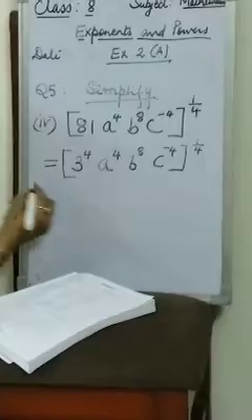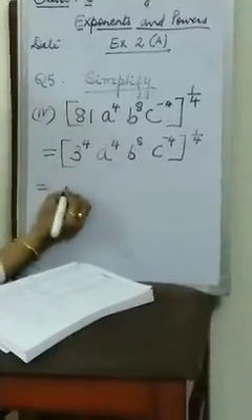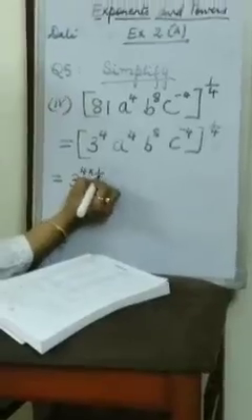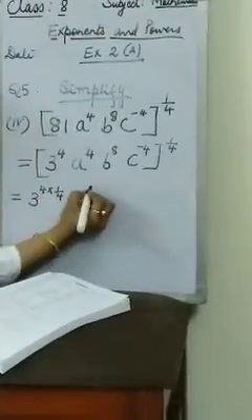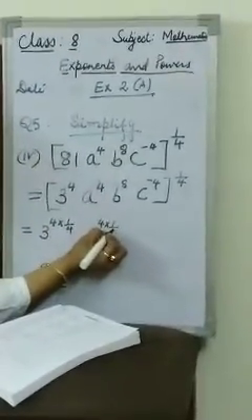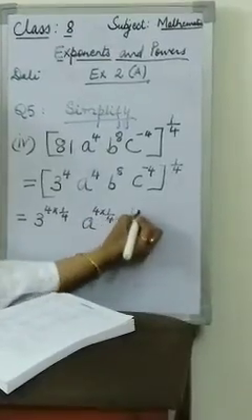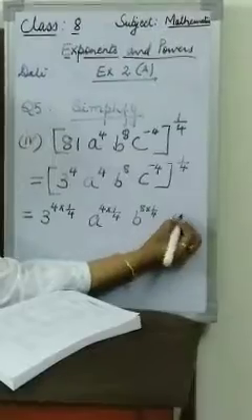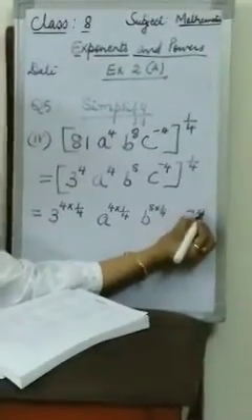Now this 1 by 4 power will be distributed to all the terms inside the bracket. So we write 3 to the power 4 into 1 by 4, a to the power 4 into 1 by 4, b to the power 8 into 1 by 4, and c to the power minus 4 into 1 by 4.